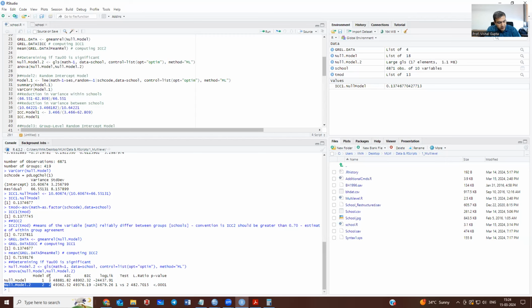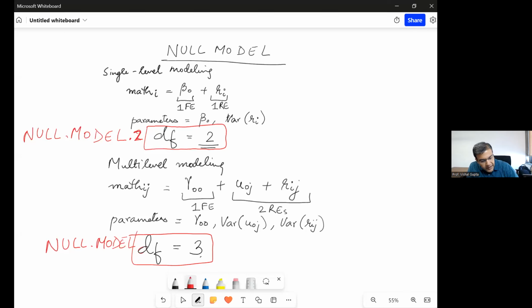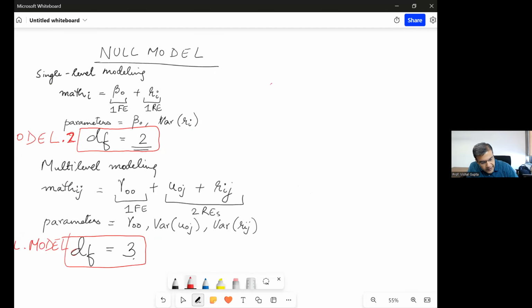So now what we have found is that our delta deviance is equal to 482.7, delta df is equal to 1.